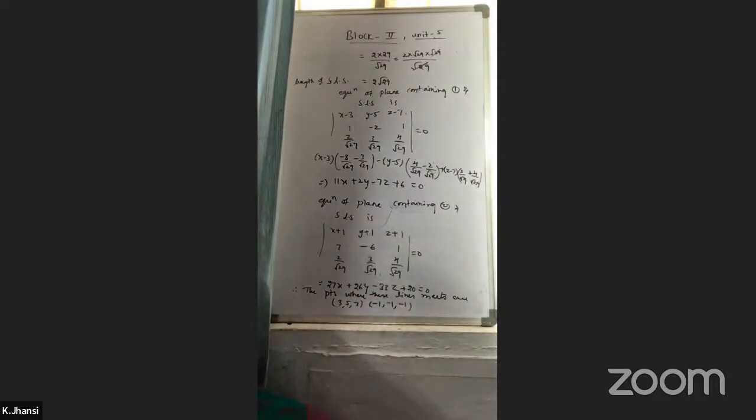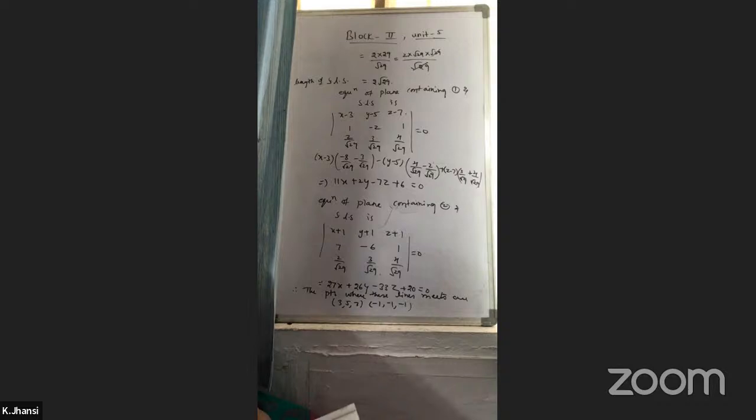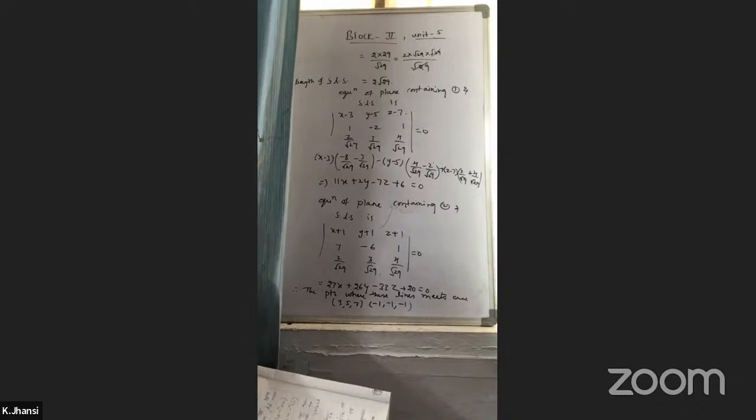Okay. So like this, you have to solve the problem for finding the length, the equations and the points. This is the first method I have told. For this problem, you can also do it with the second method. The second method is taking line 1 equal to R1 and the second line equal to R2.